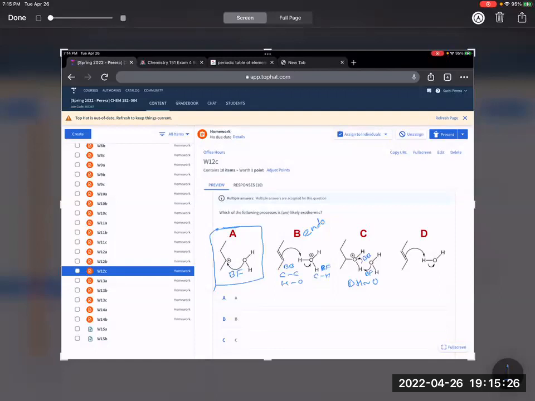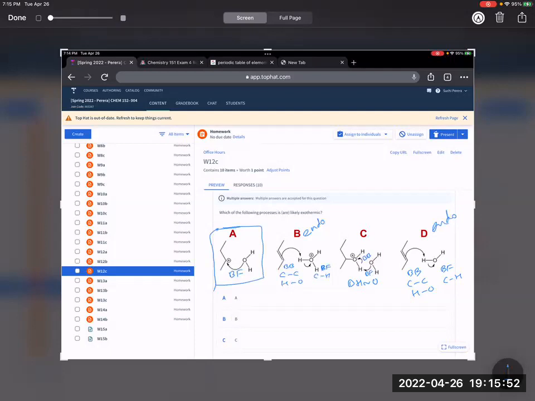And then in this step, again, we are breaking carbon-carbon bond and HO bond, and then forming only carbon-hydrogen bonds. Because we are breaking two bonds and then forming only one bond, this is going to be endothermic as well.